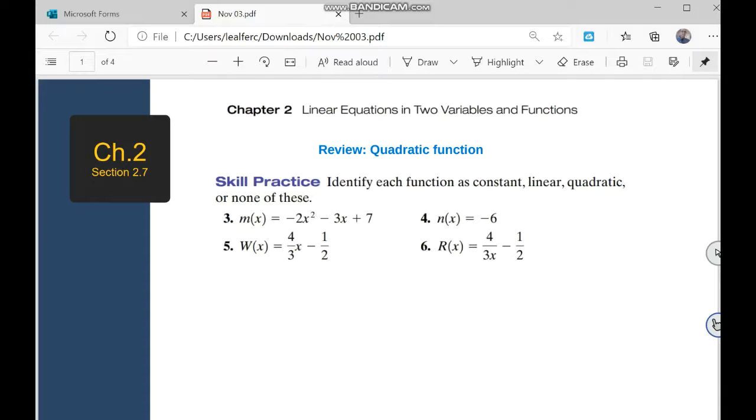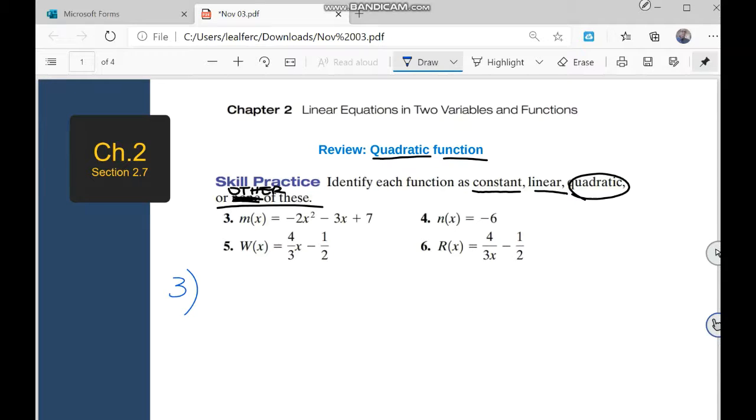Because you have to identify, we talked yesterday about quadratic functions, and you have to identify if a function is going to be a constant, linear, quadratic, or any other kind of function. And check the examples that we have here. Let's see. We have number 3, m of x equals negative 2x squared minus 3x plus 7.